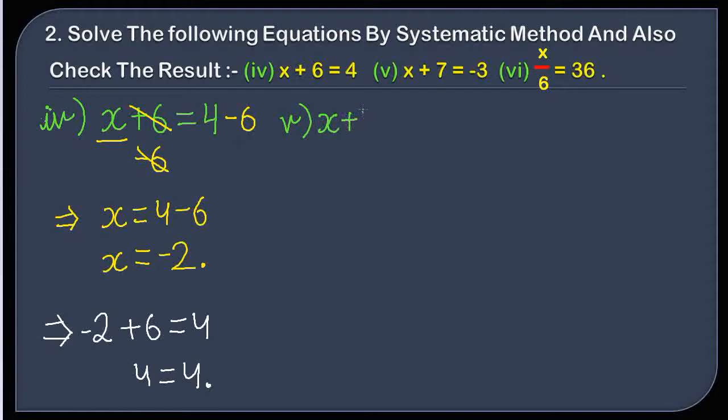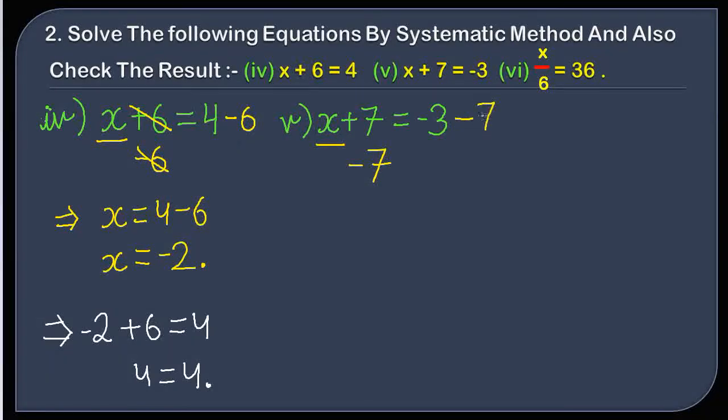x plus 7 equals minus 3. Same thing here. We want x to be all by itself, and as 7 is added to it, we have to subtract 7, as it is the inverse operation.